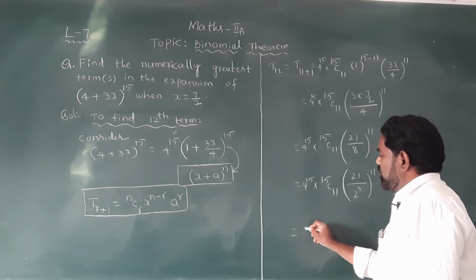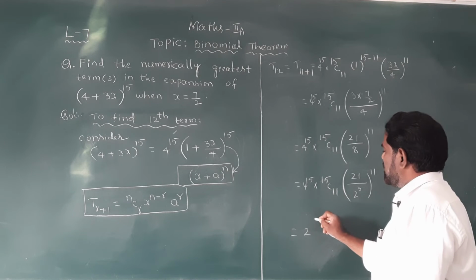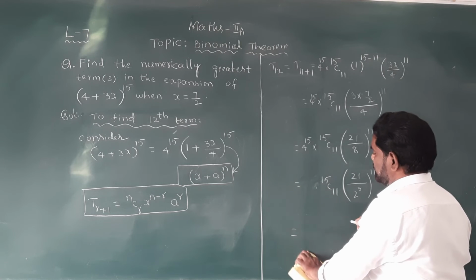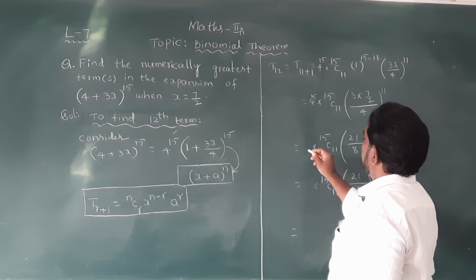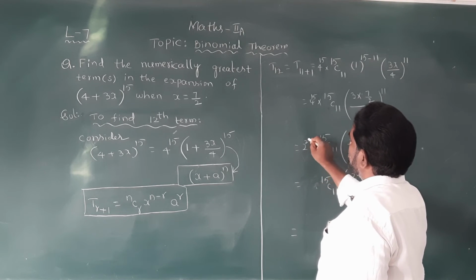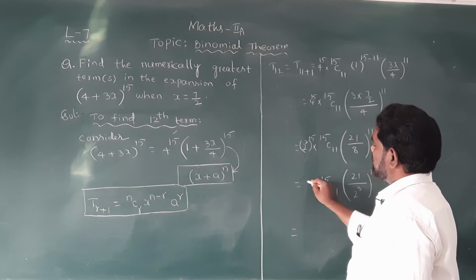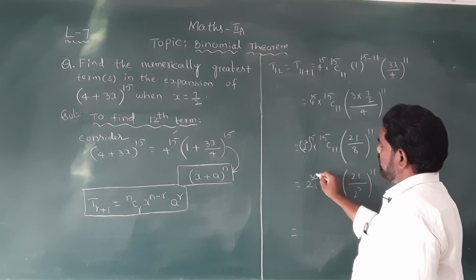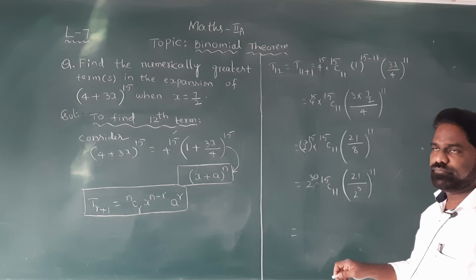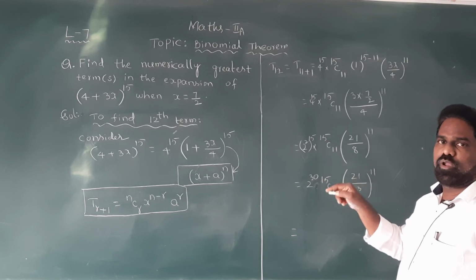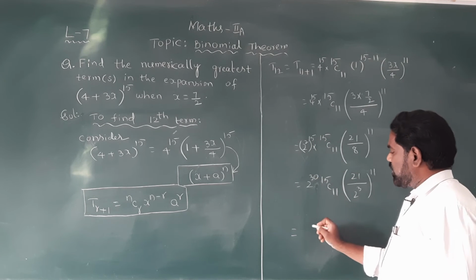4 power 15 can be written as 2 square whole power 15, or 2 power 30.